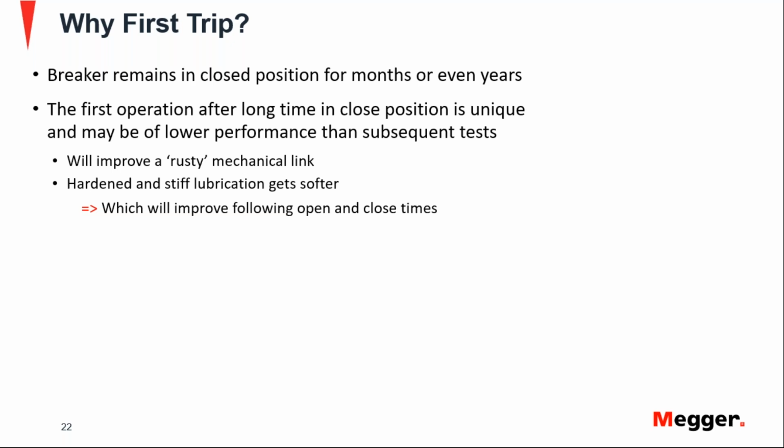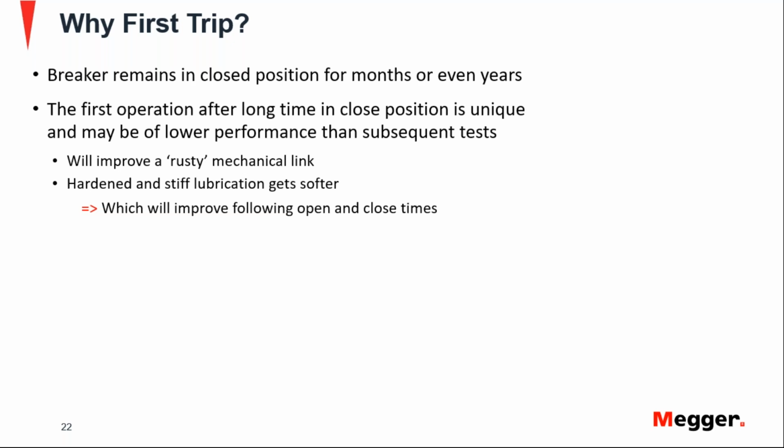So when the breaker is prepared for conventional testing, this first operation is the very first thing that happens, and it goes unmonitored. Nobody monitors these tests, and that's why I ask you to keep it in mind. The very first thing we do is open the breaker, and nobody is measuring that. That is called the first trip.